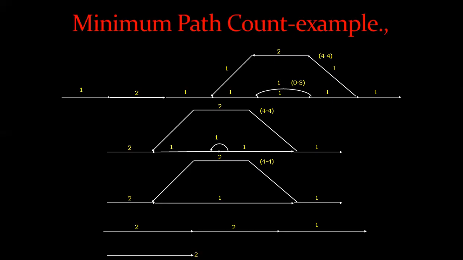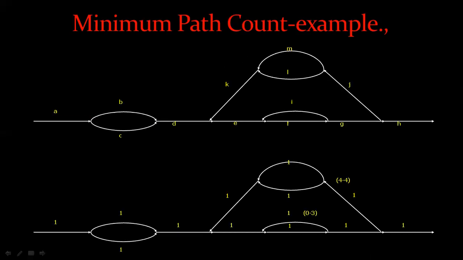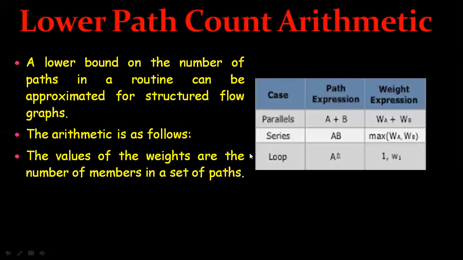Here it is 1 to 1. So what is 1 to 1? Maximum of 1 to 1, maximum of 1 to 1. Here we are not doing the product. It is the maximum value. If it is in series, we are taking the maximum value.